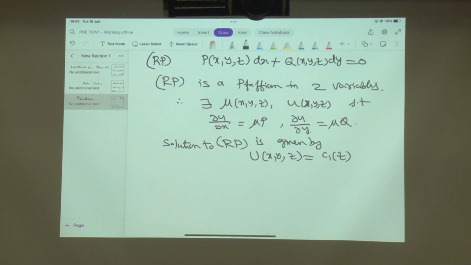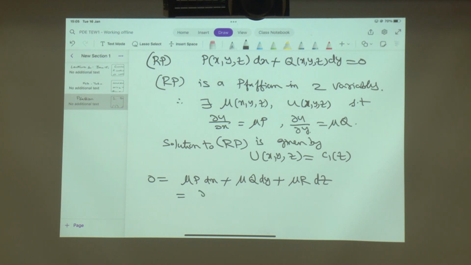Now, with this, what I want to do is go back to my original Pfaffian which is given, p dx + q dy + r dz. I am going to multiply that with a μ. I am free to do it. 0 = μp dx + μq dy + μr dz. This is the equation.